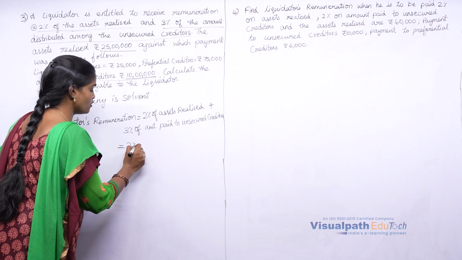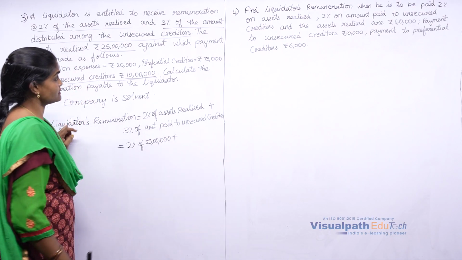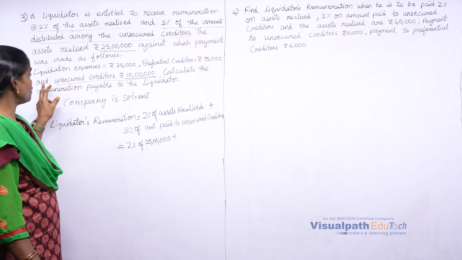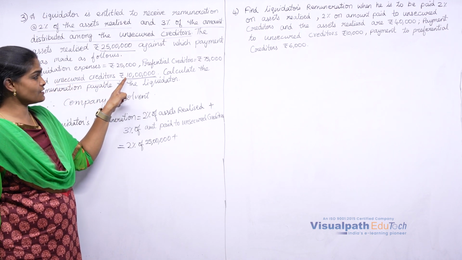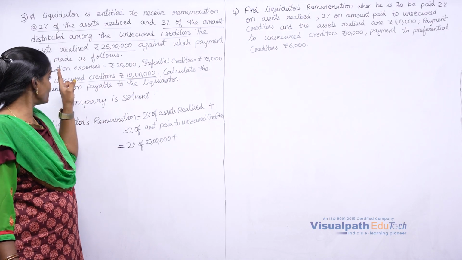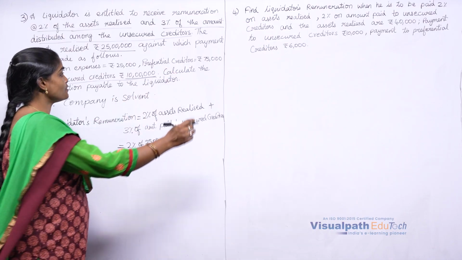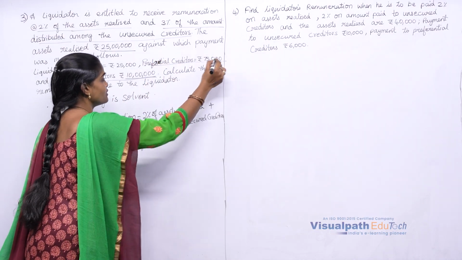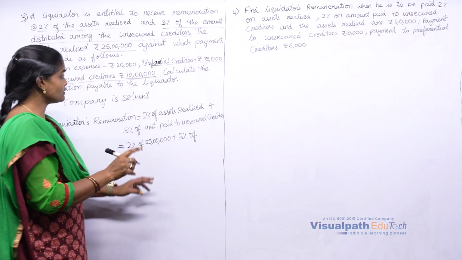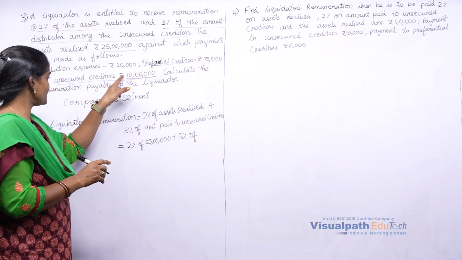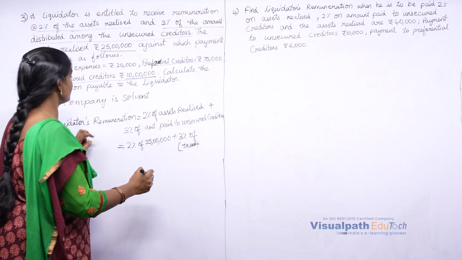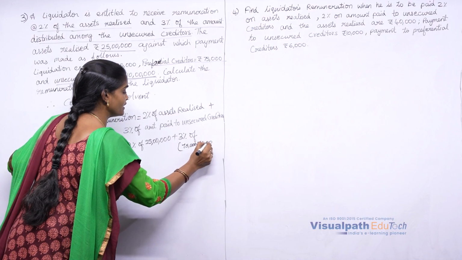So, 2% of 25 lakhs plus 3% of the amount distributed among unsecured creditors. How much is that? 10 lakhs. But in the previous problem we discussed that along with unsecured creditors you have to include preferential creditors 75,000 also. So here this will be 3% of preferential creditors plus unsecured creditors. Preferential creditors is 75,000 plus unsecured creditors is 10 lakhs.